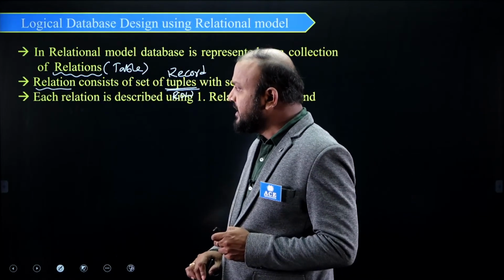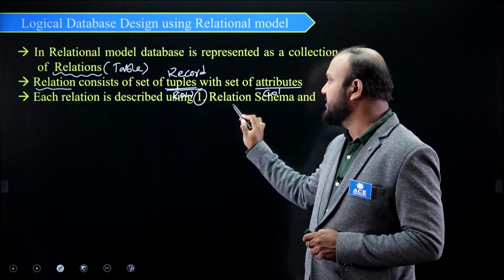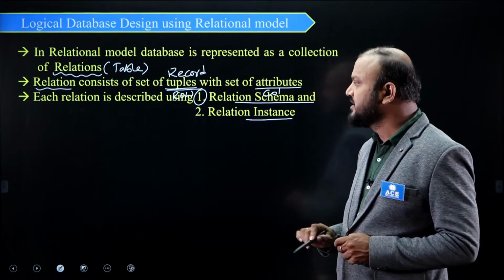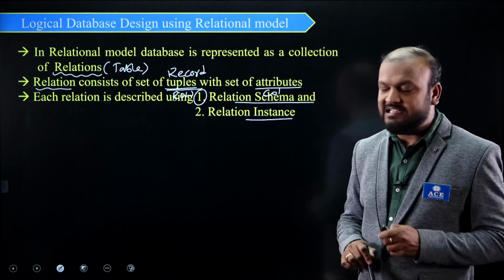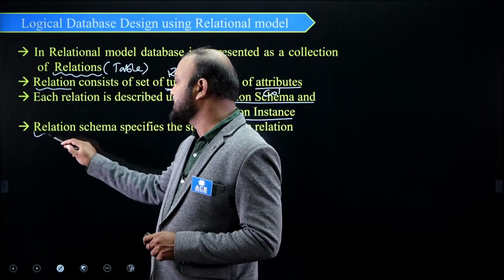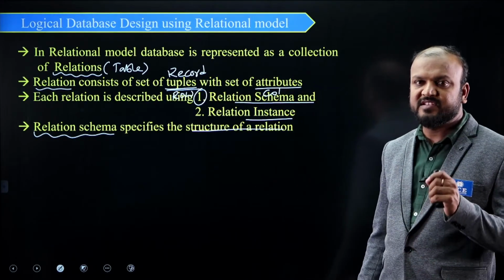Now you see, each relation is described using two things: one we call the relation schema and another we call the relation instance. Now what is a schema and what is an instance? A schema specifies the structure of a relation. Schema means structure.